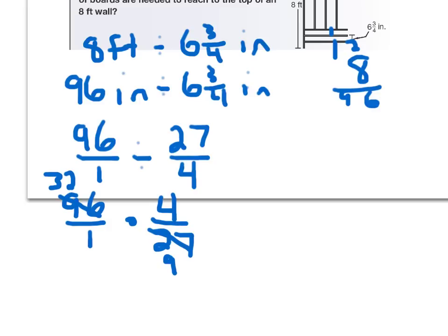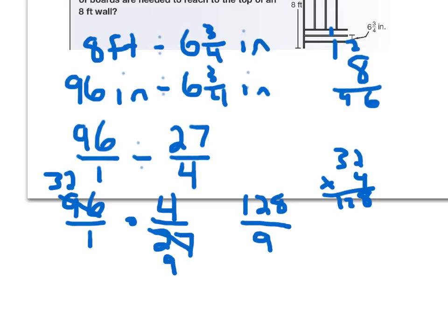So that's all the simplifying we can do. So now we've got to multiply. Look straight across the top. Well, 32 times 4 is 128. On the bottom, 9 times 1 is 9. So we get 128 over 9.